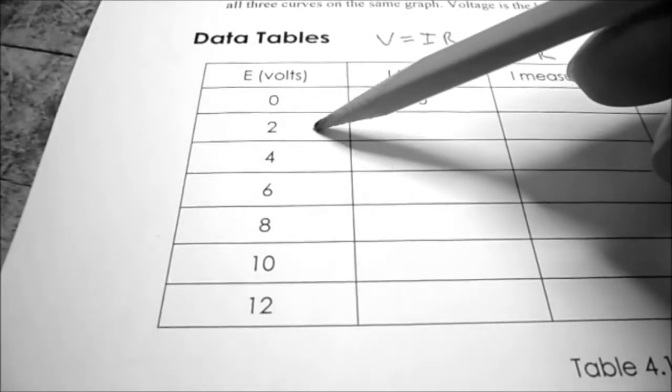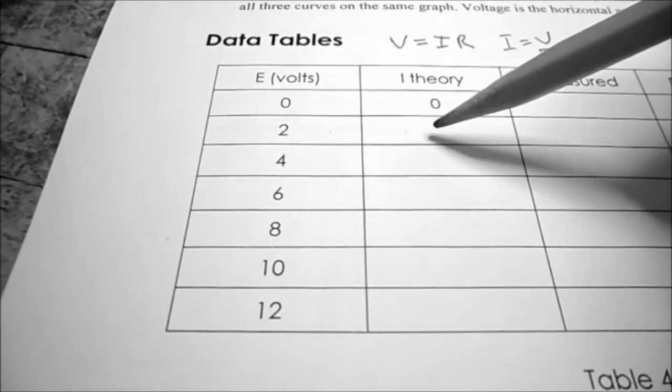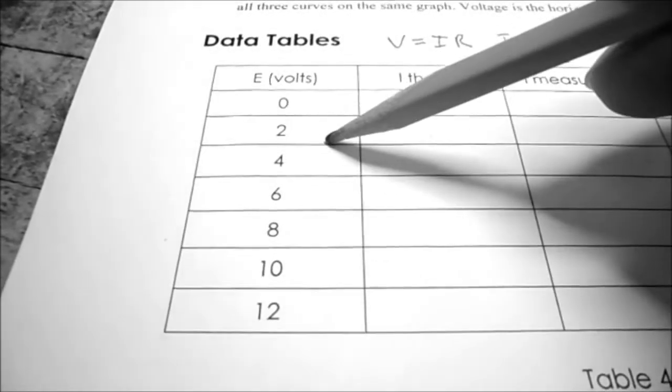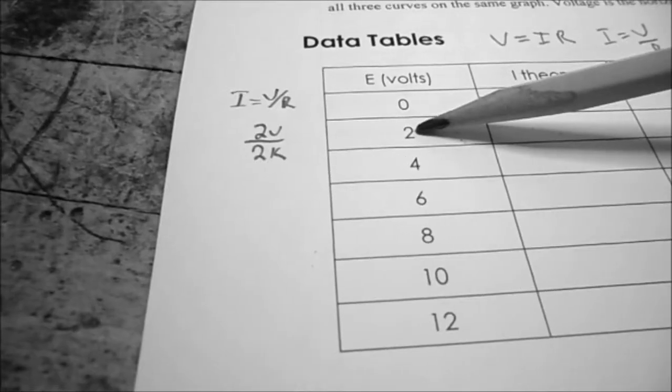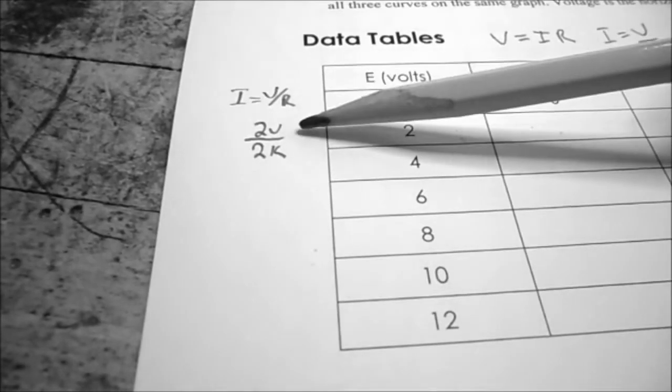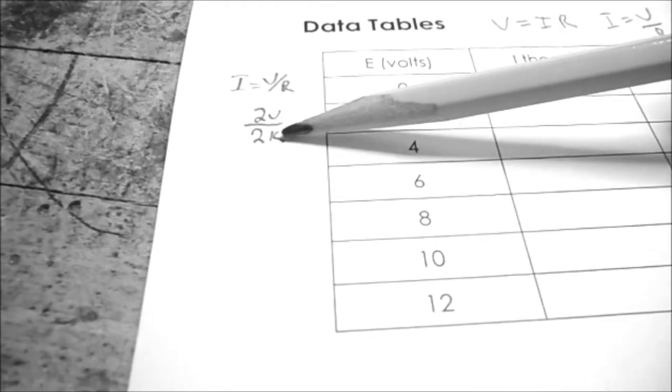So we take 2 volts, divide it by 2K to come up with our current at 2 volts. So for the instance where we have 2 volts, the current is going to be 2 volts divided by 2K.